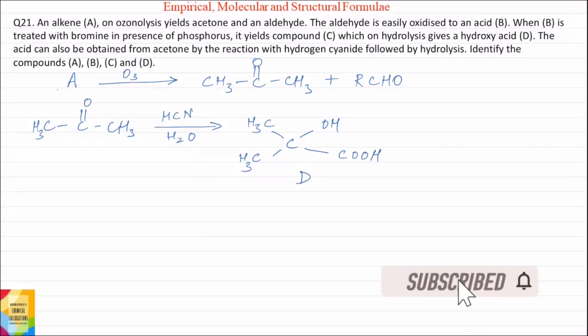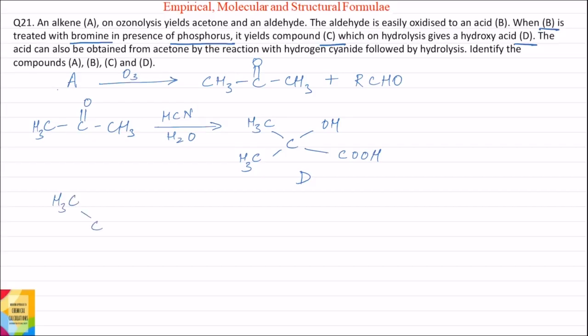Now it is said in the question that compound C on hydrolysis gives D, and compound C is obtained when B is treated with bromine in the presence of phosphorus. So compound C is a bromine-containing compound. So the structure of compound C can be written as CH3, C, CH3, Br, COOH.